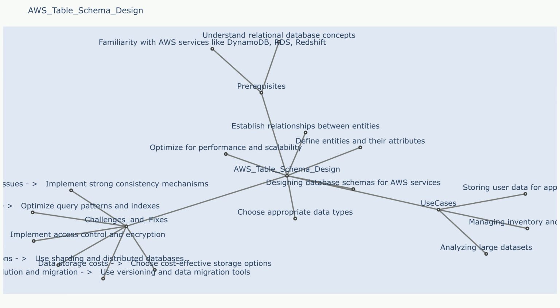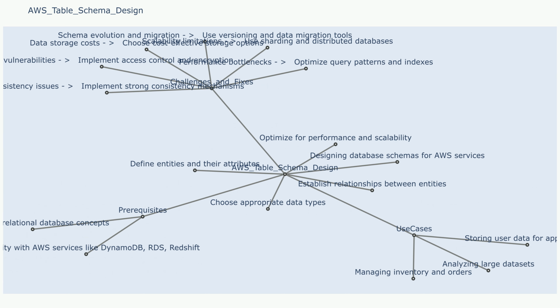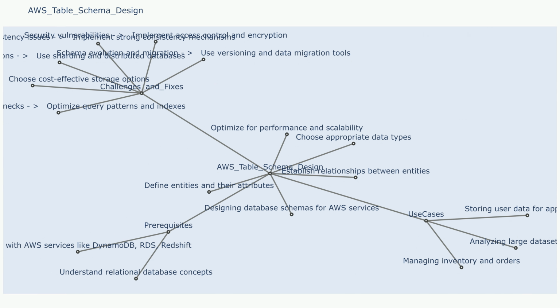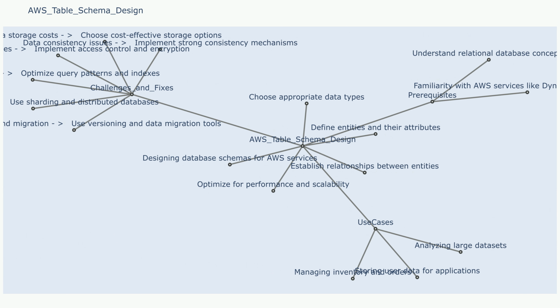Use cases: storing user data for applications, storing user profiles, preferences, activities, and other relevant information for various applications like e-commerce platforms, social media sites, or cloud-based software. Analyzing large datasets.